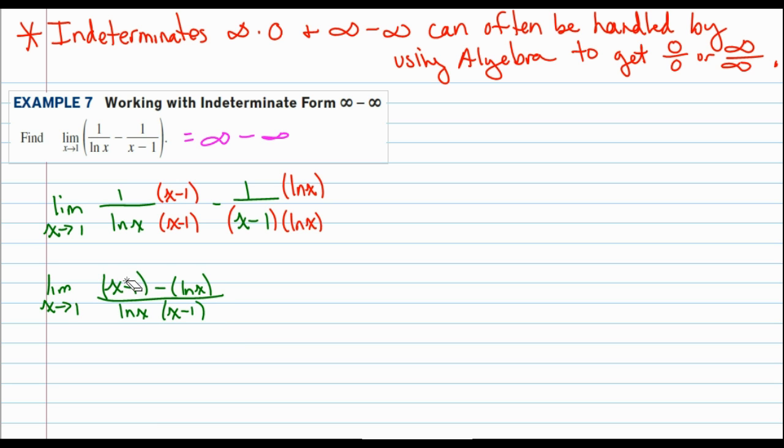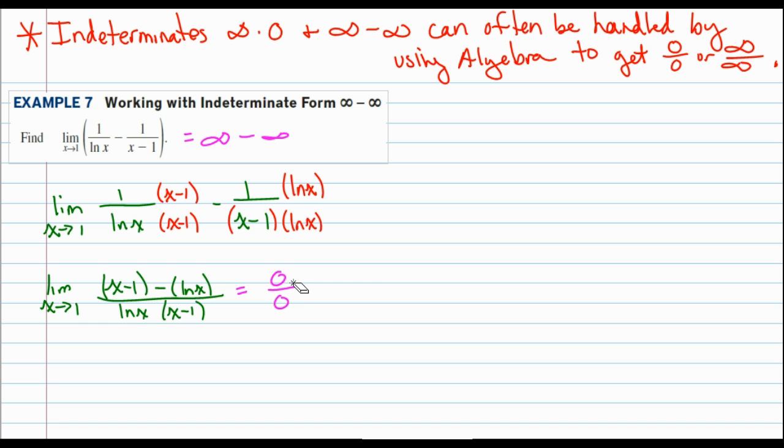And in the numerator I have x minus 1 minus the natural log of x. So I'll plug in 1 and I get a 0 over 0 situation. 1 minus 1 is 0 minus the natural log of 1, which is also 0, so 0, over the natural log of 1, which is 0, times 1 minus 1, which is also 0. So there is my indeterminate form that tells me L'Hopital's rule might be a good idea.